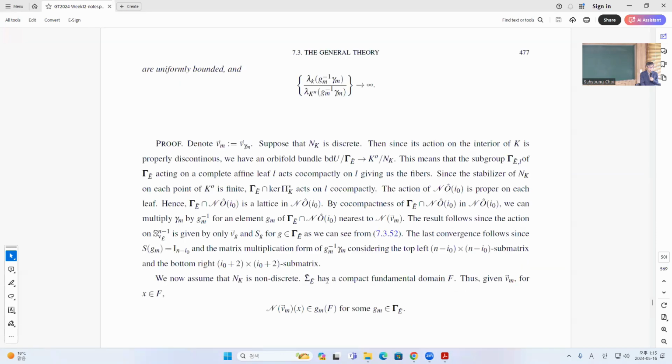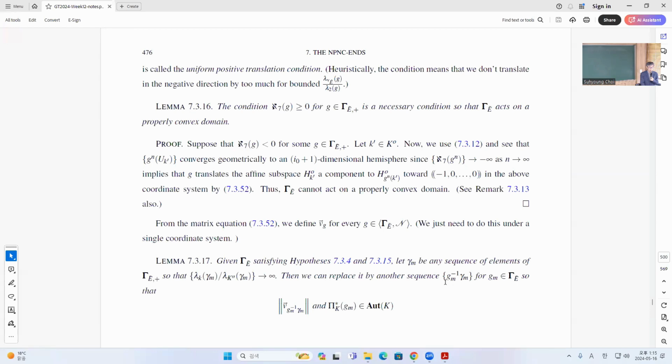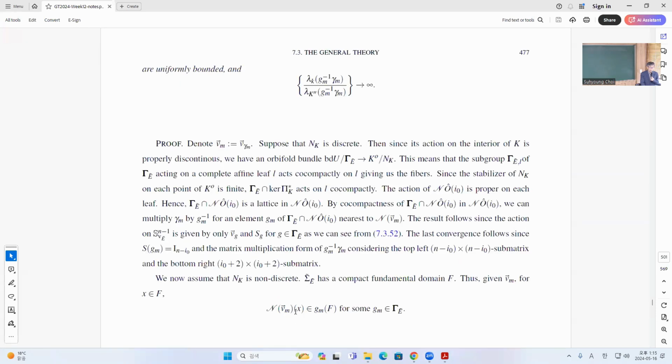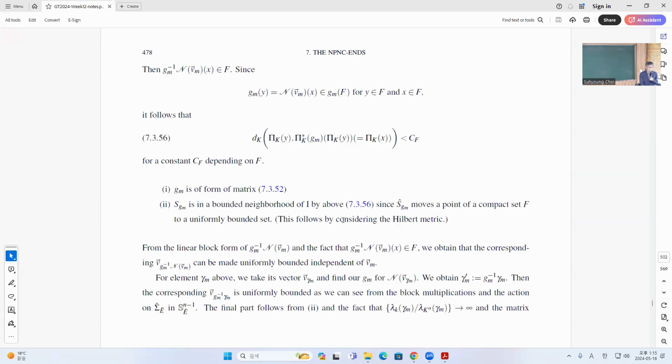Okay, and of course these eigenvalues will still be the same as before, because this is bounded. But we want to normalize this part, so make it bounded here. That's just some sort of compactness, because there's a fundamental compact domain, you can do this. I don't want to really prove that.